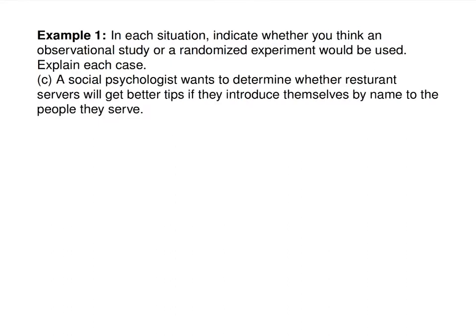A social psychologist wants to determine whether restaurant servers will get better tips if they introduce themselves by name to the people they serve. You probably don't want to let people choose themselves if they're going to say their name, because those people might just be more outgoing and might get better tips for that reason. So in this case, I think it probably would be fine to do a randomized experiment.